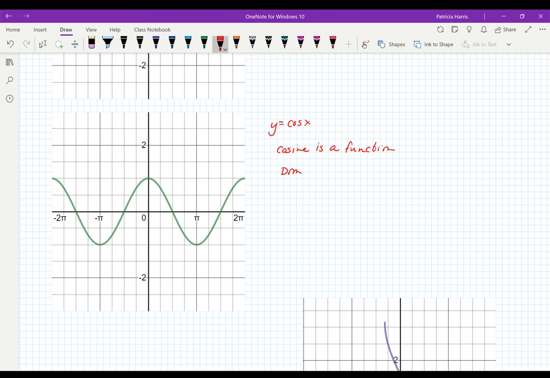It has a domain of negative infinity to positive infinity and a range of negative 1 to 1. Okay? But the problem is with that, it's not a one-to-one function.